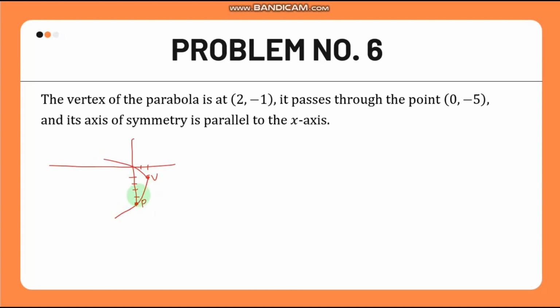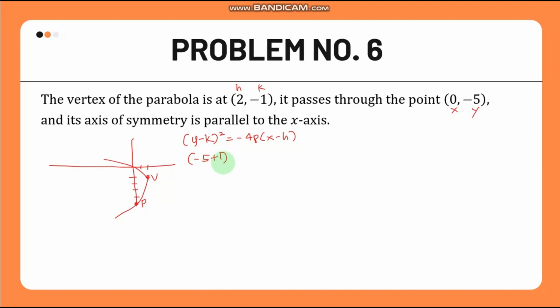Okay? So if it opens to the left, the equation follows y minus k squared equals negative 4p x minus h. Then, our vertex is 2, negative 1. So, this is our h. This is our k. Then, 0, negative 5. So, this is x, y. Substitute to solve for p. So, our y is negative 5. The k is negative 1.